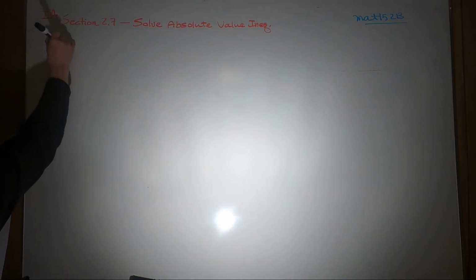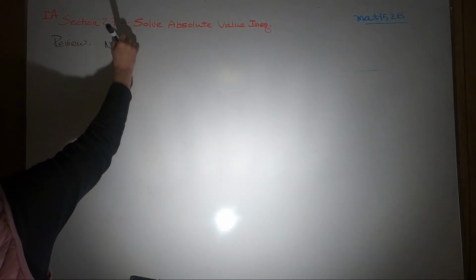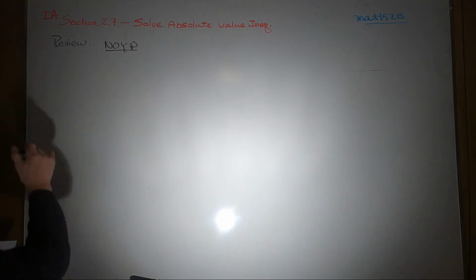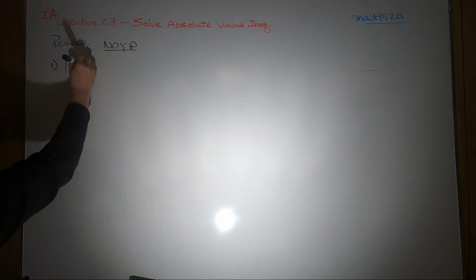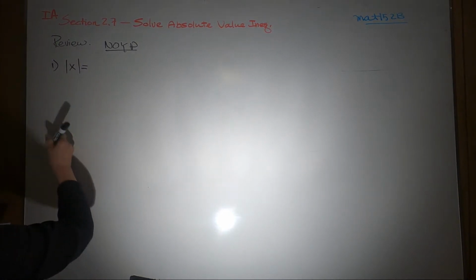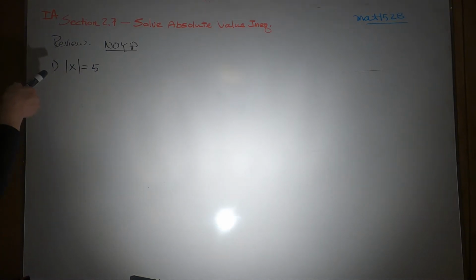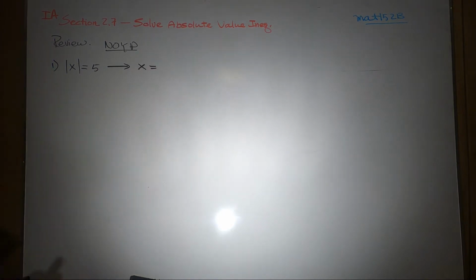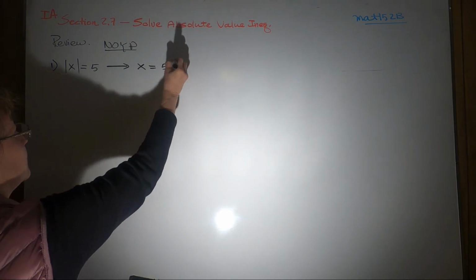Let's do some review first, and not on your paper, this part. For the absolute value equations we did in your 152A class, if we have the absolute value of x equals 5, so we have an absolute value equation, then what kind of x can be your answer? We said it can be 5, can be what? -5.